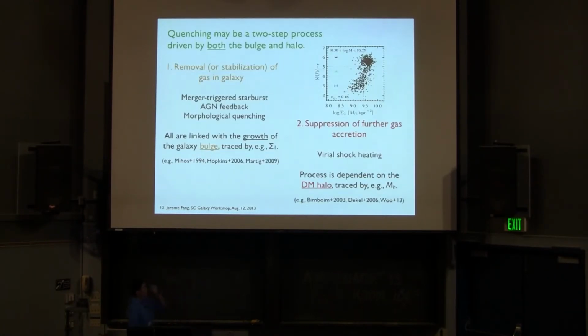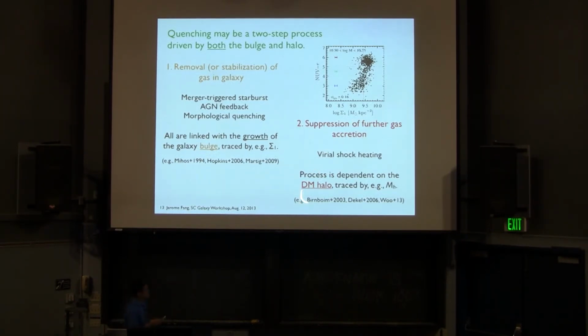And so it seems to imply that quenching is a two-step or two-phase process. You need two things to happen. One, you need to have gas either removed, ejected from the galaxy, or somehow stabilized against star formation. These processes could do it: merger-driven starburst, AGN feedback, morphological quenching. These things are traced by the bulge or are involved with the bulge. But the second thing you need is to stop gas from falling back into the galaxy, to suppress gas accretion.